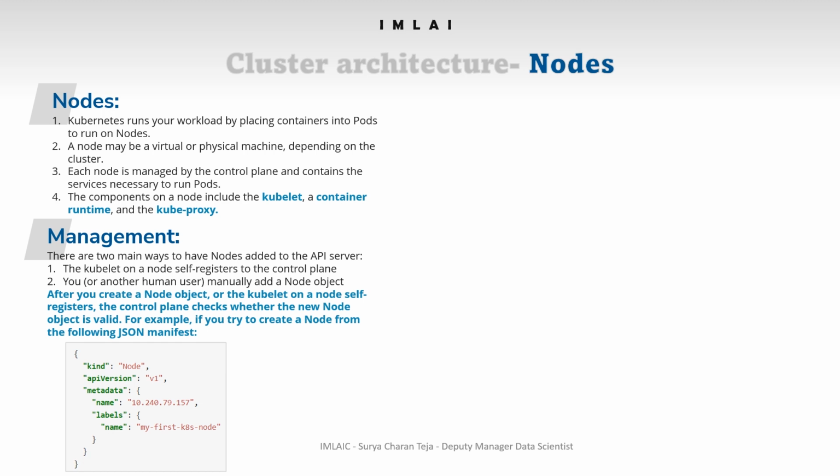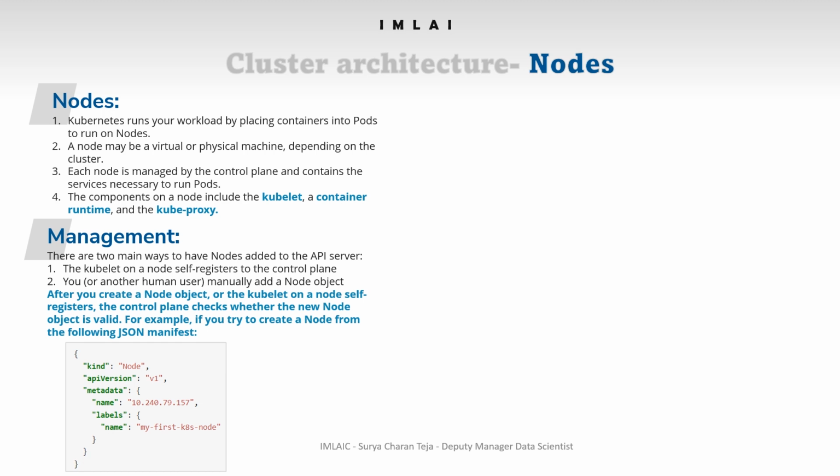So here Kubernetes checks that a kubelet has registered to the API server that matches the metadata.name field of the node. If the node is healthy, that is, all necessary services are running, then it's eligible to run a pod. Otherwise, the node is ignored for any cluster activity until it becomes healthy.